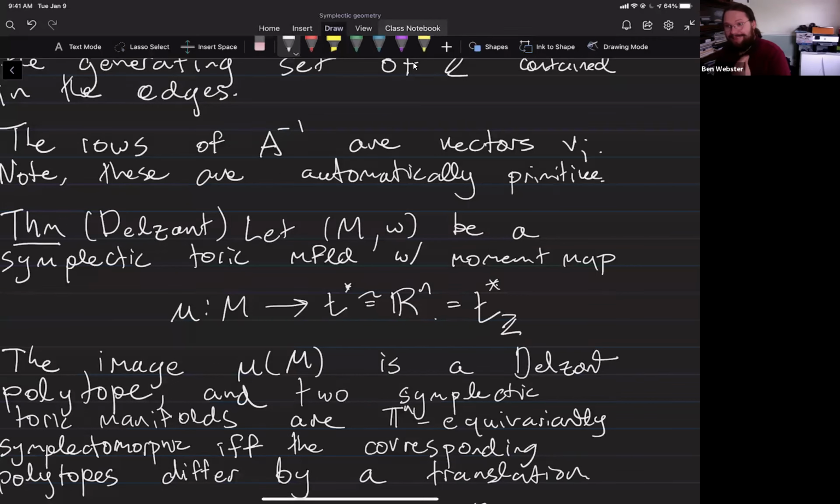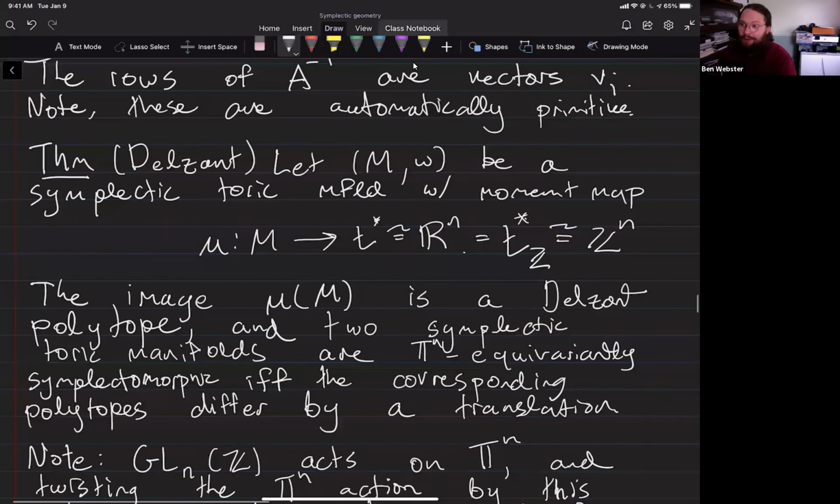So there's a distinguished lattice called the weight lattice inside the dual of a torus. And that should be sent to Zn. And of course, any two different ways of doing that will differ by an element of GLn(Z). So in particular, acting by GLn(Z) will preserve being a Delzant polytope.